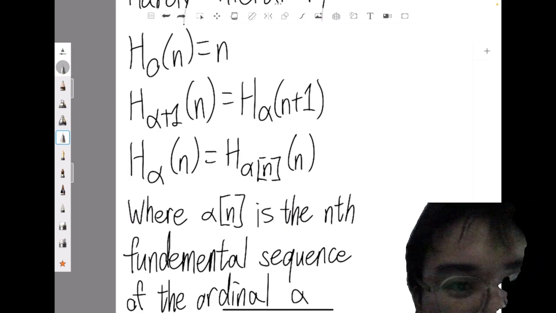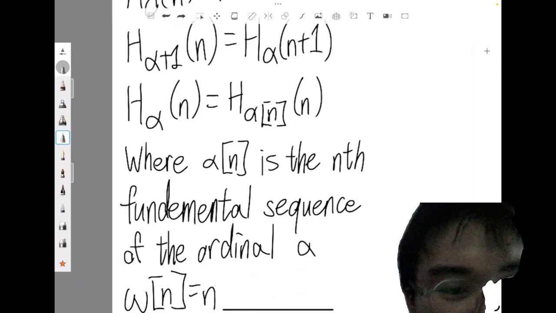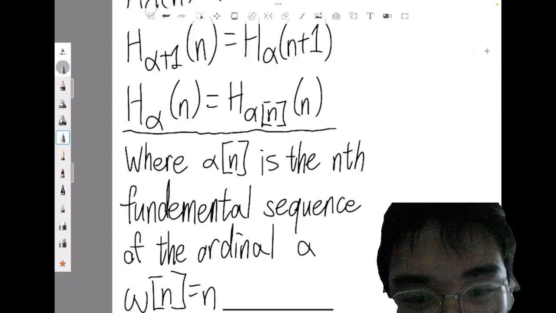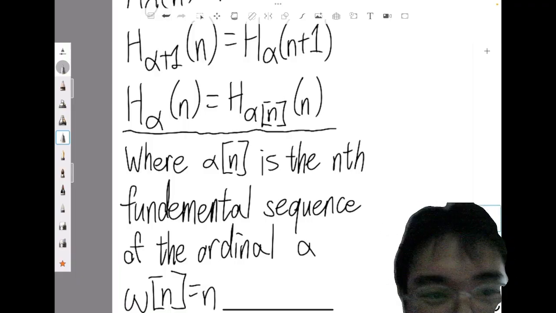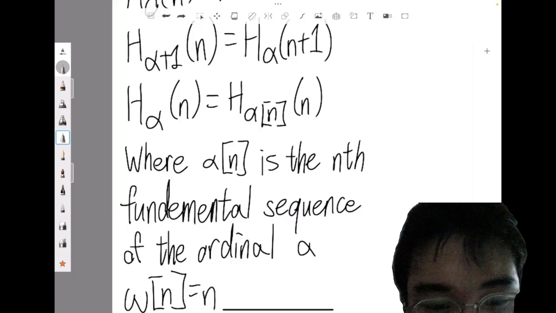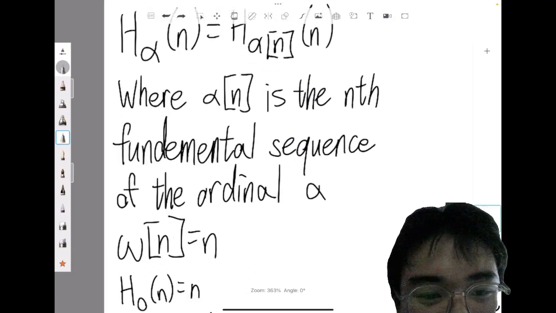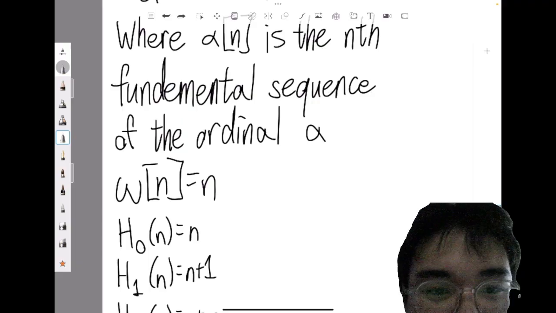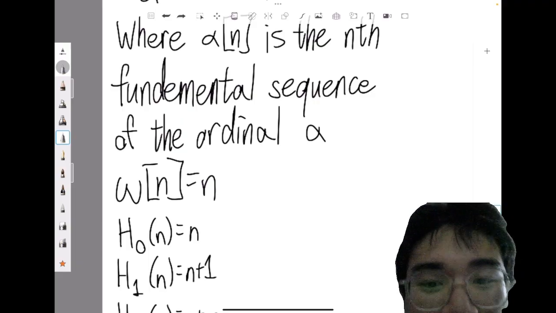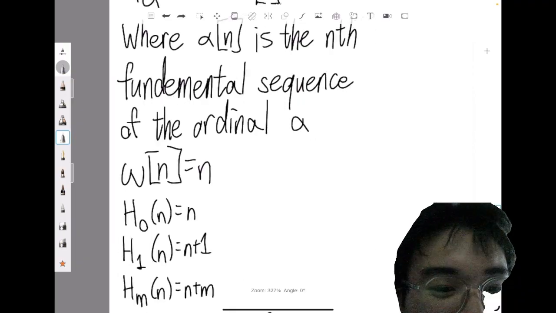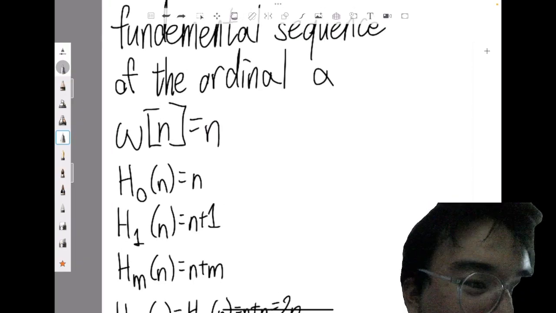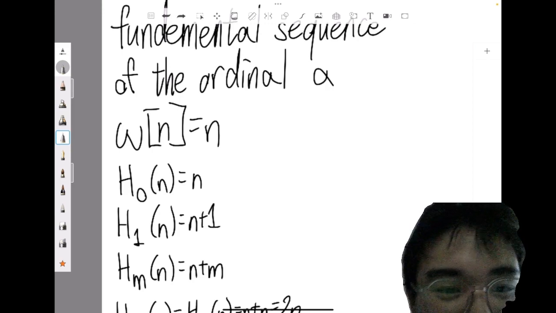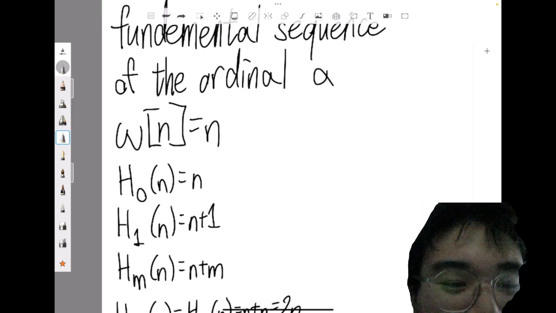And h sub alpha of n equals h sub alpha[n] of n, where alpha[n] is the nth fundamental sequence of the ordinal alpha. So if you try it with omega, which is the first number larger than all the natural numbers, omega[n] is just equal to n.